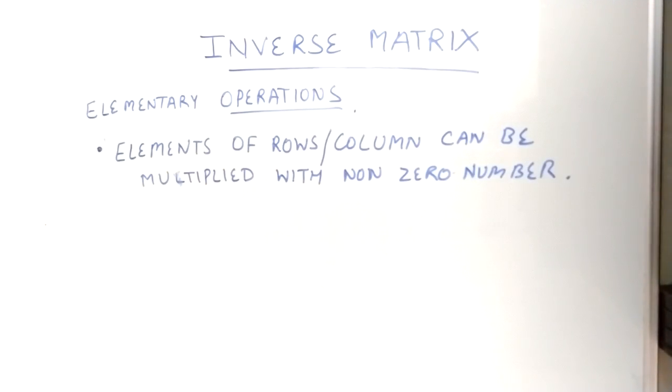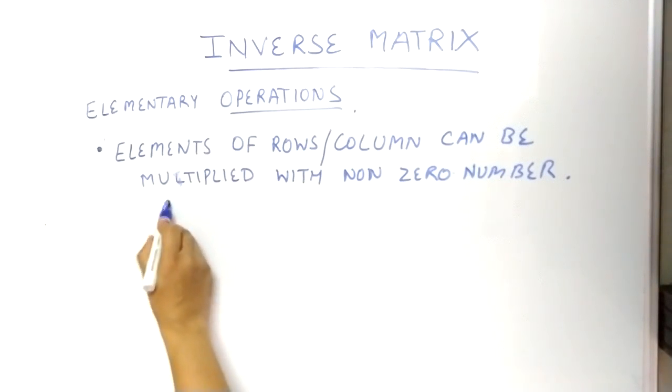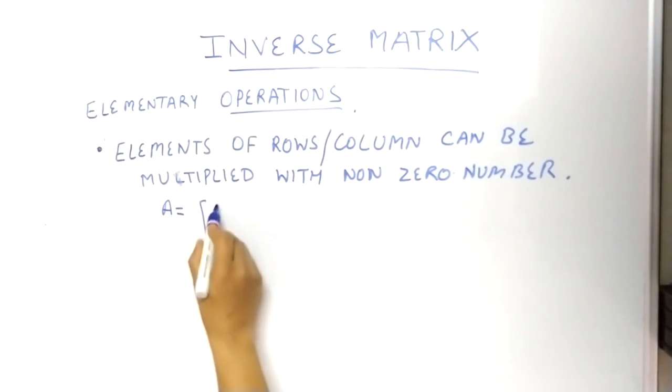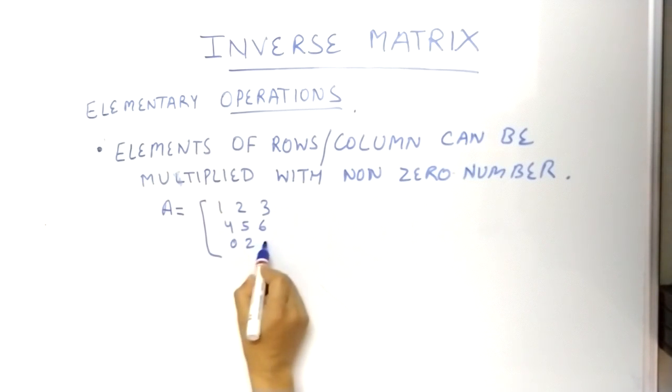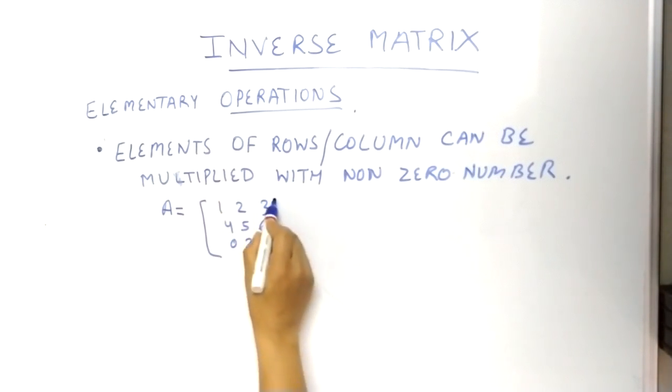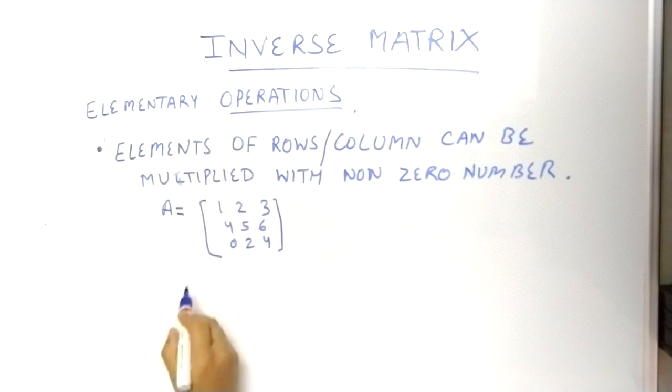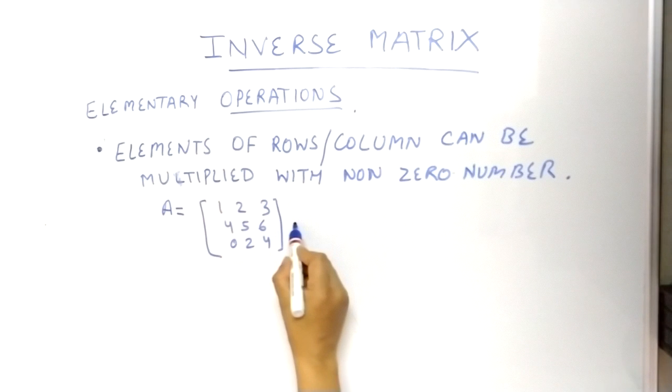Next, the elements of the rows or columns can be multiplied with any non-zero number. So we will see this one. Suppose we have A. First I will apply it to a row and then I'll show it in a column.